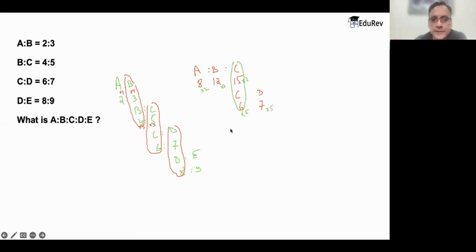Okay, fine. So then again, A is to B is to C is to D becomes 8 into 2, 16, 12 into 2, 24. C is 15 into 2, which is 30. And below also 6 into 5 is also 30. And D 7 into 5, 35. So A, B, C, D have got combined.